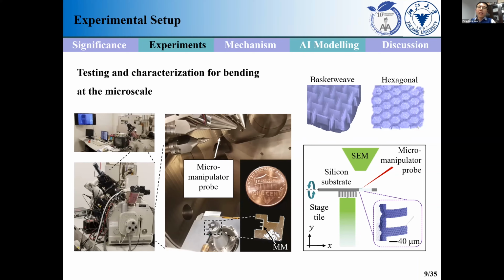And in the fabrication, we fabricate the plates with two types of design patterns. One is the basket and the other is the hexagonal.